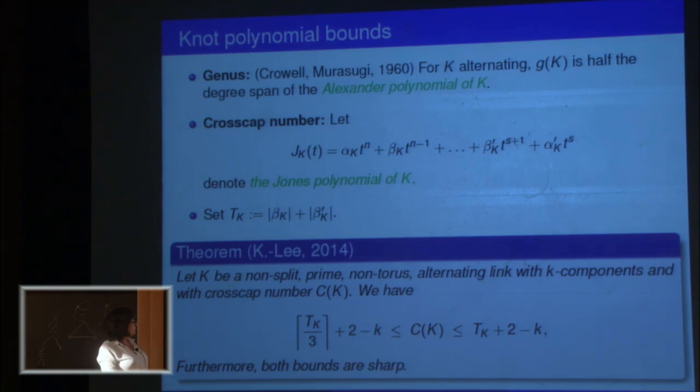Because it's a lower bound. Okay, so what is interesting is that this bound is quite effective in getting you the crosscap number for some knots. Questions so far? Okay.